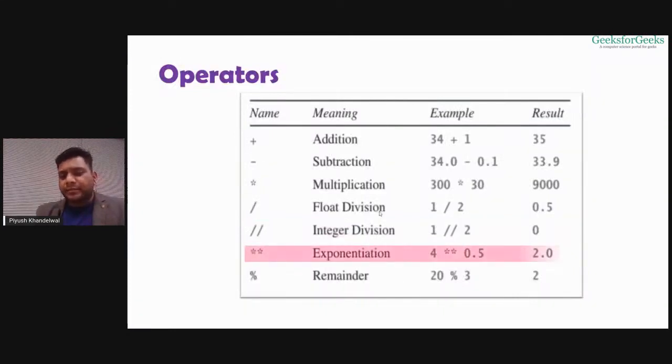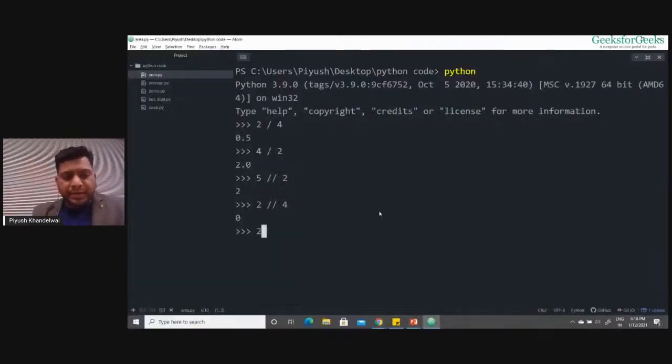Next is the exponentiation operator. The exponentiation operator is used to compute x to the power y. Suppose I want to compute 2 to the power 3. I'll write 2 double asterisk 3. This will compute 2 to the power 3 for me. So 2 to the power 3 is 2 into 2 into 2, which gives me 8. I hope you're getting this.